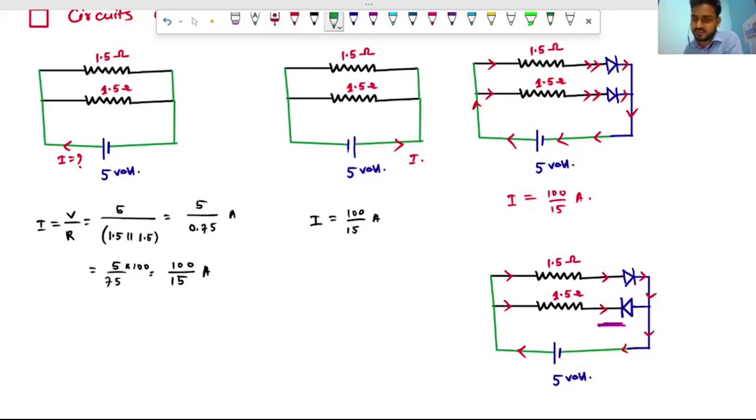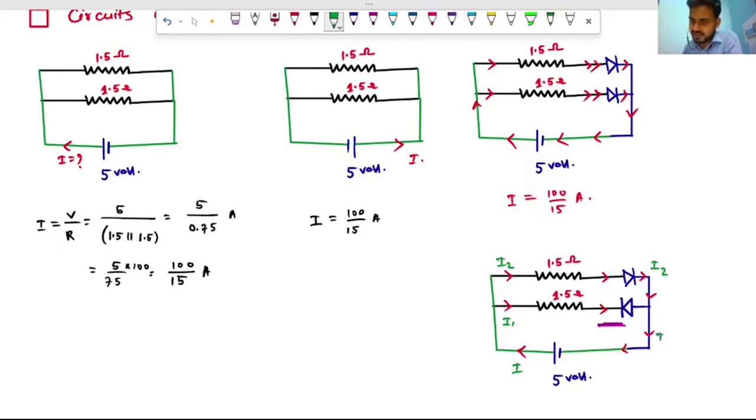So let me denote it. Suppose the main current is I. It gets divided into I1 and I2. This I2 will be able to come out of this diode, but the I1 will not be able to come out of this diode.